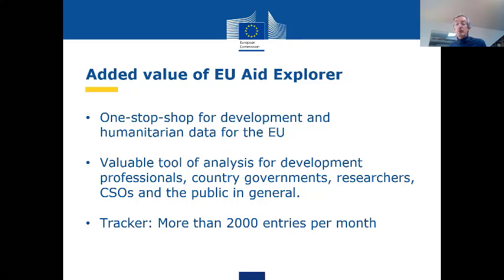So it is useful, for instance, in this programming period. We're starting the programming period, which in this next period is meant to be joint programming between the EU and member states.